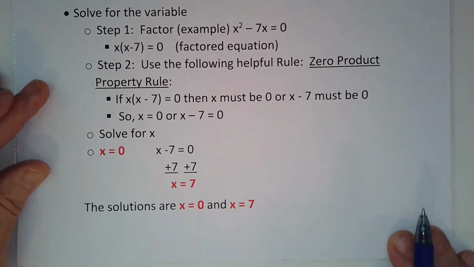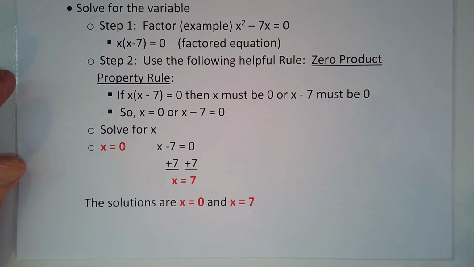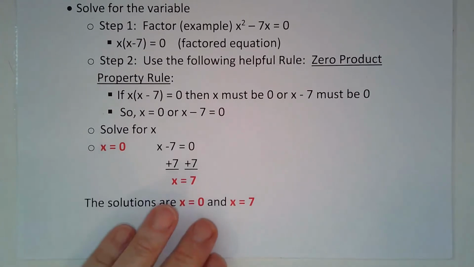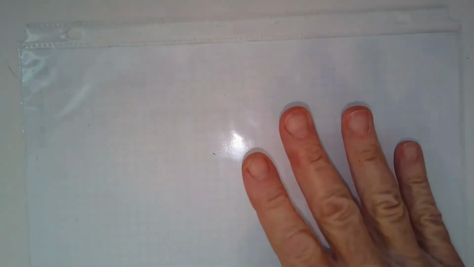So that's basically what we're covering for today's work. Now we're going to go through several examples. Of course, before we do that, be sure you use a sheet of paper that's inserted in a plastic sleeve so that you can do this work. If you don't, you're liable to make errors and you will not get to that score level that you want.